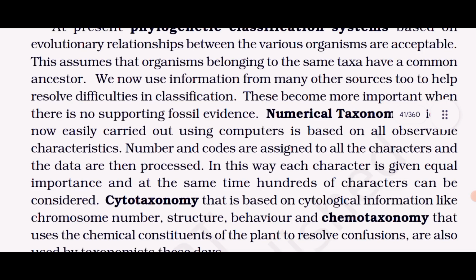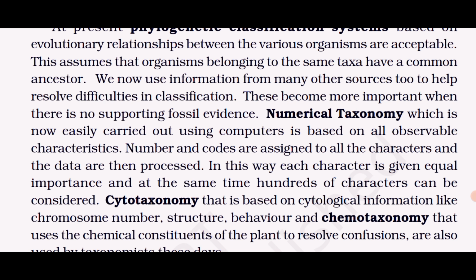Numerical taxonomy, which is now easily carried out using computers, is based on all observable characteristics. Numbers and codes are assigned to all characters and the data are then processed. In this way, each character is given equal importance and at the same time, hundreds of characters can be considered.